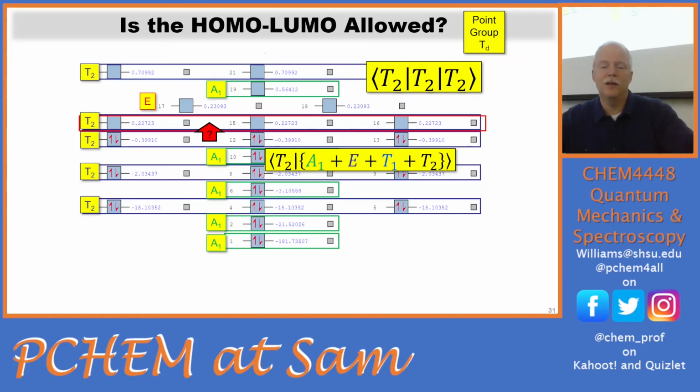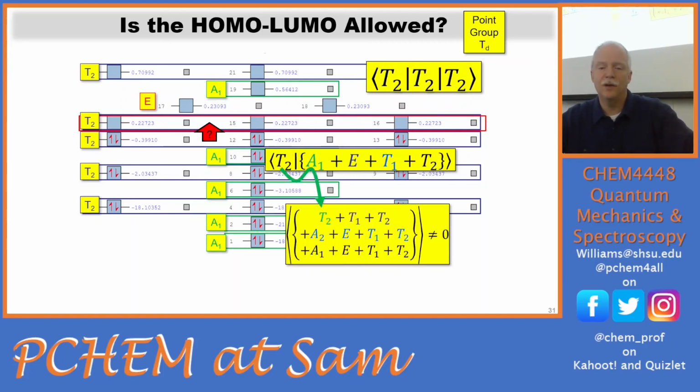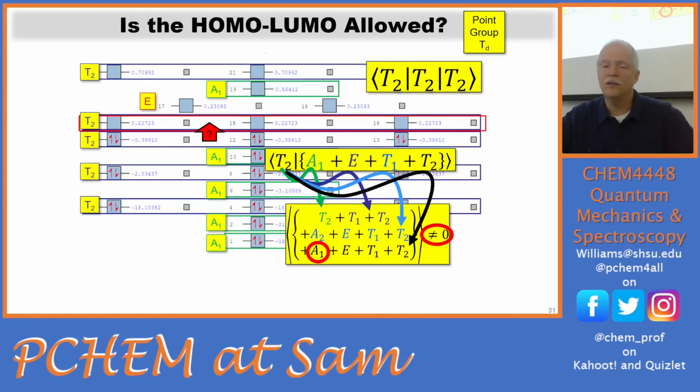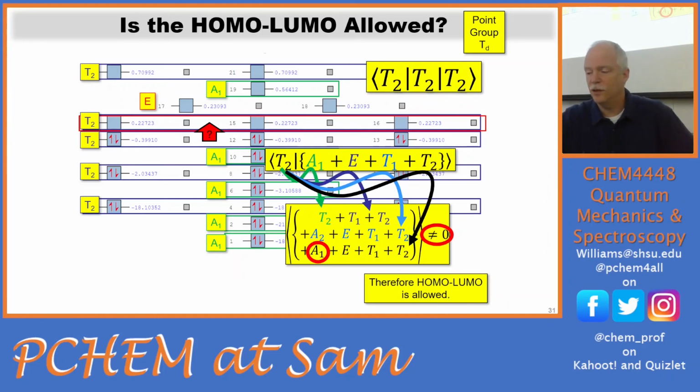So when we multiply by the third one, we're going to get an A1. So we have the same kind of progression, but it's that T2 times the T2 that gives us an A1. And since there's an A1, which is top row in the tetrahedral character table, then we're going to have an allowed transition. So this HOMO to LUMO transition is allowed in this molecule.